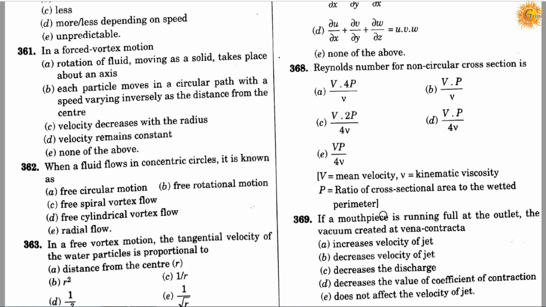So correct answer is A, it will be capital V into 4P divided by small v.